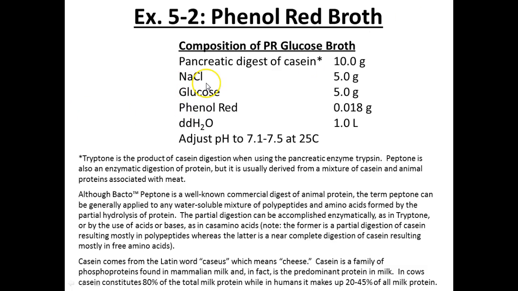In addition, salt for that isotonic balance. Glucose, of course, because we're testing to see if they can ferment that. Phenol red is the pH indicator. And then, of course, water. And it's adjusted to around neutral pH, which gives the media, you'll notice our uninoculated negative control in my demo rack is orange.